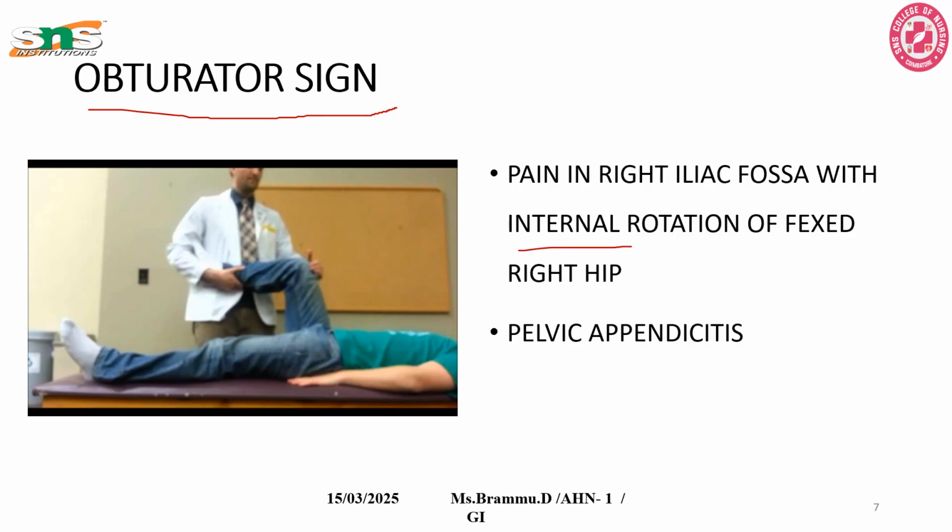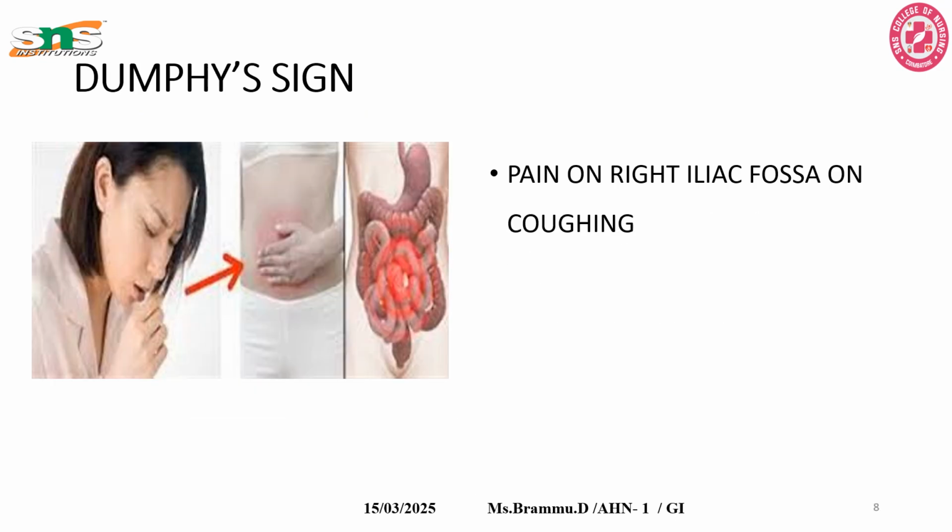Here the examiner is holding the patient's knee and the hip at a right 90-degree angle, and then the internal rotation is made. Upon doing this internal rotation, the patient is having severe tenderness, which indicates that the patient is having some sort of perforation along with pelvic appendicitis.